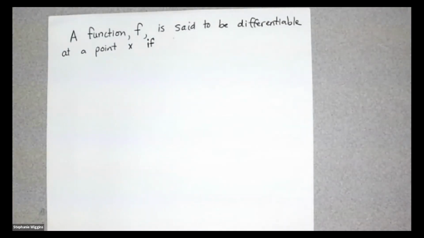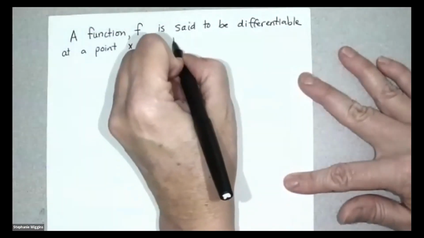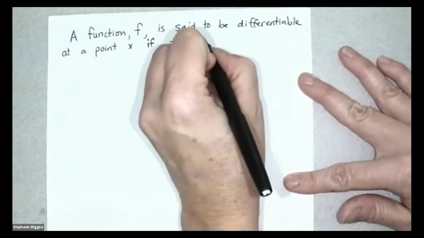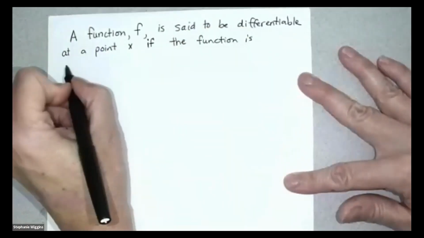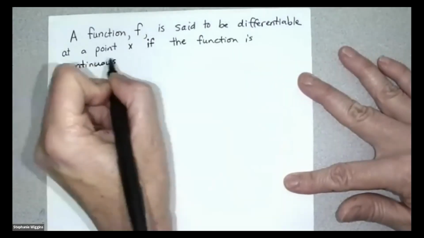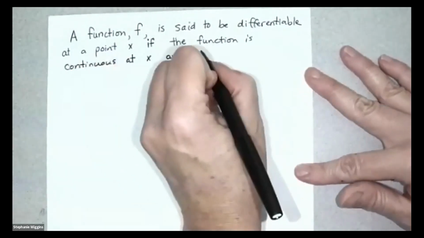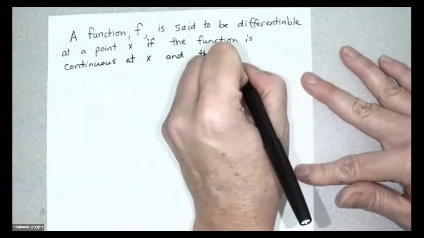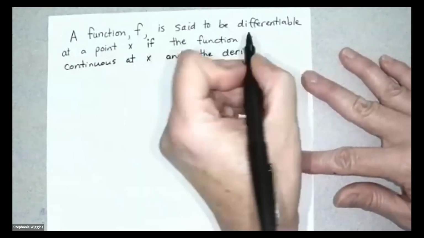So basically, a function is said to be differentiable if the function is continuous at x and the derivative of the function is continuous at x.